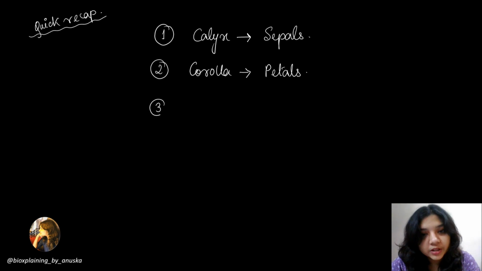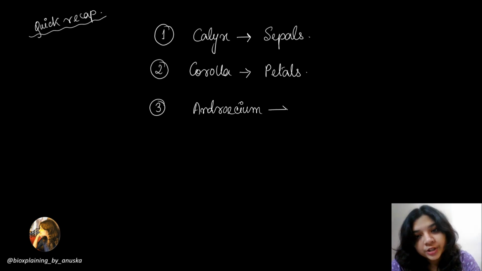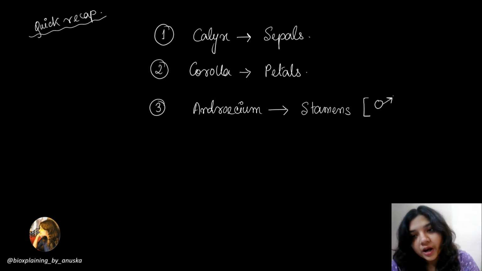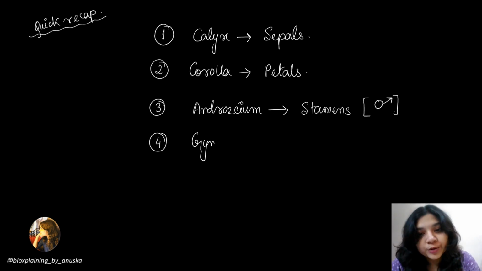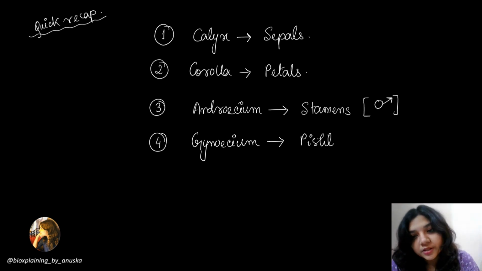The third whorl of a bisexual flower is what we call the androecium, and this androecium has individual units that we call the stamens, and this is the male part of a flower. The fourth whorl of a bisexual flower is the gynoecium, and the gynoecium has individual units which are known as the pistil, or we can also have an alternate name to it.